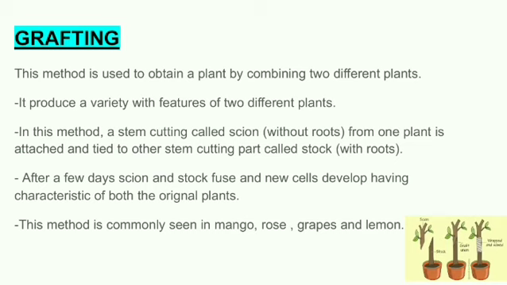In this method, we will take 2 plants of different kind. For example, we can take one rose plant having red flowers and one rose plant having white flowers. These are 2 different plants.